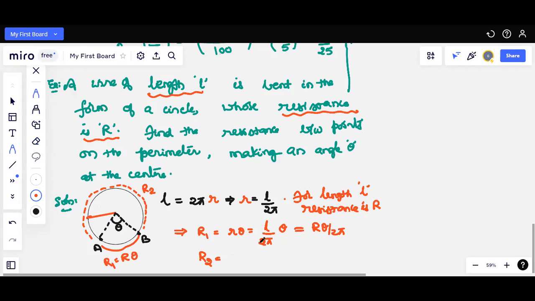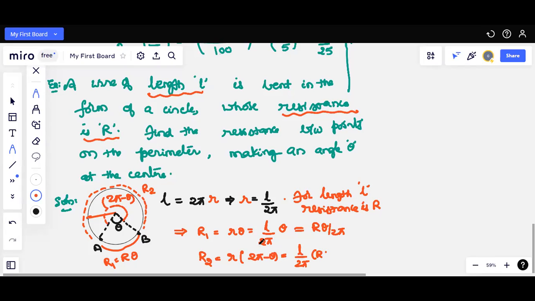Okay. R2 is equals to r into what is the angle subtended by this sector? 2 pi minus theta. Angle subtended by the big arc, 360 minus theta, exactly. 360 minus theta and 2 pi minus theta. So the length of arc here I write r into theta, that is 2 pi minus theta, and r is again L by 2 pi into 2 pi minus theta.